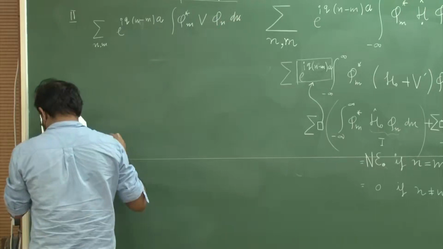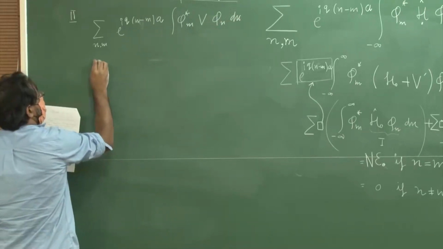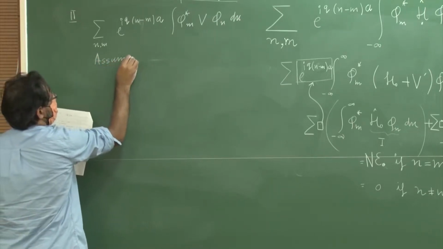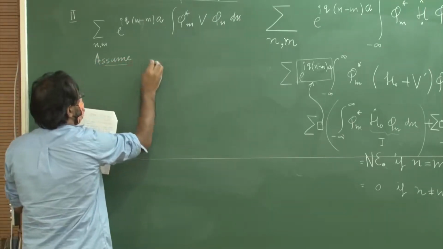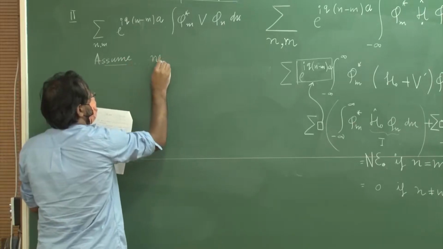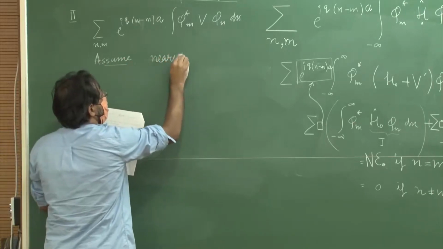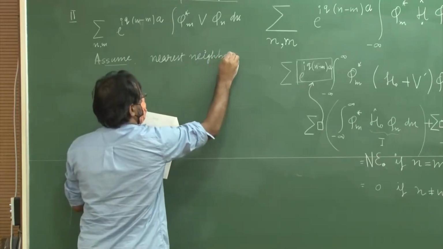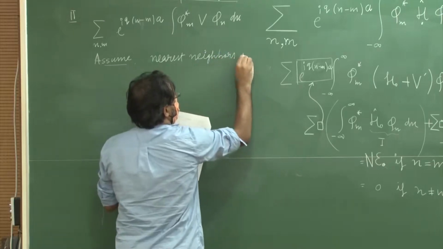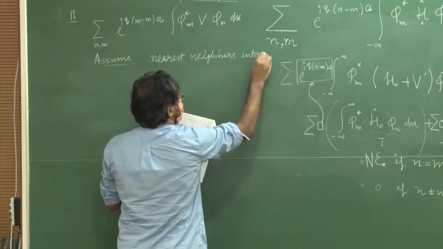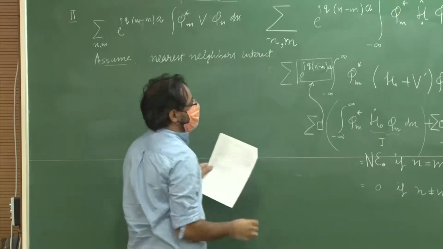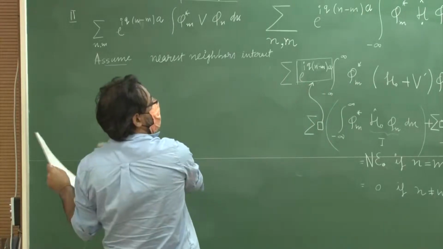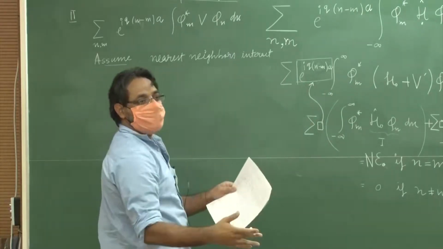Now the first point is that if you assume, and this assumption is fairly good, let me first make the assumption and then I will discuss it. If you assume that only the nearest neighbors interact, what that means is that the orbitals on 0 can overlap with the orbitals on the site 1 and the site minus 1.